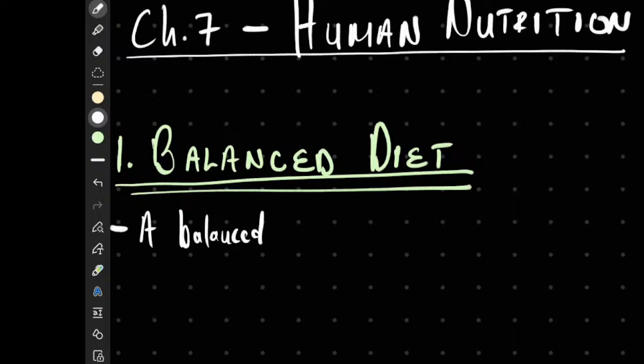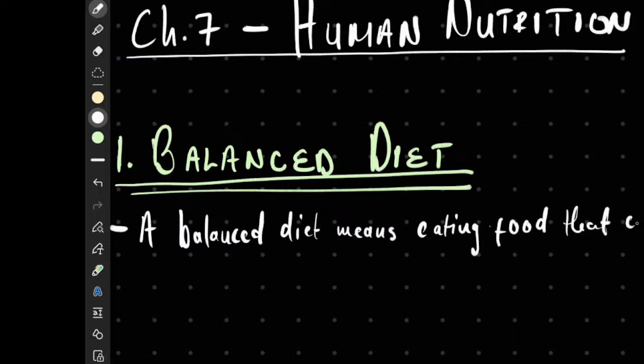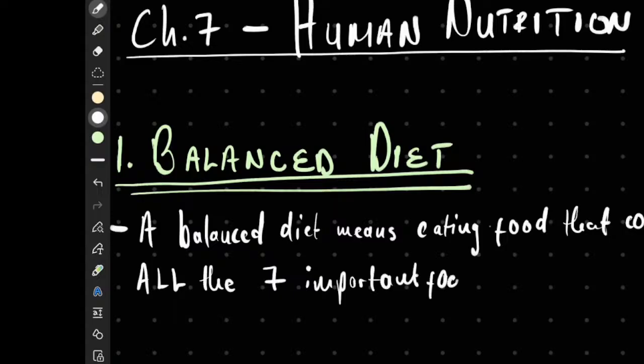A balanced diet means eating food that contains all the 7 important food groups in the correct amounts.